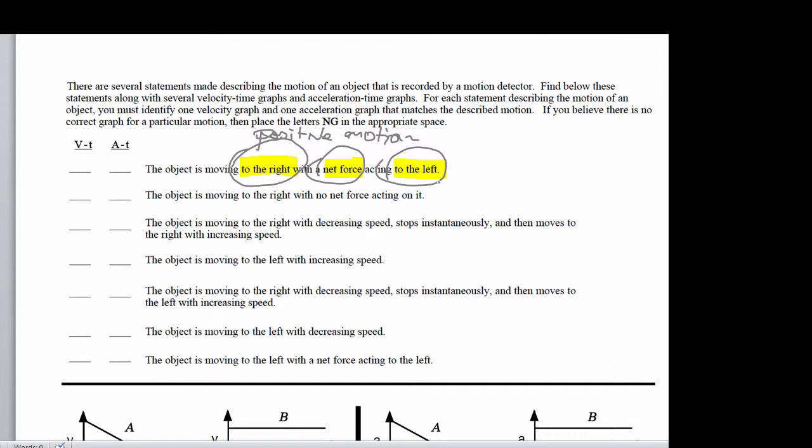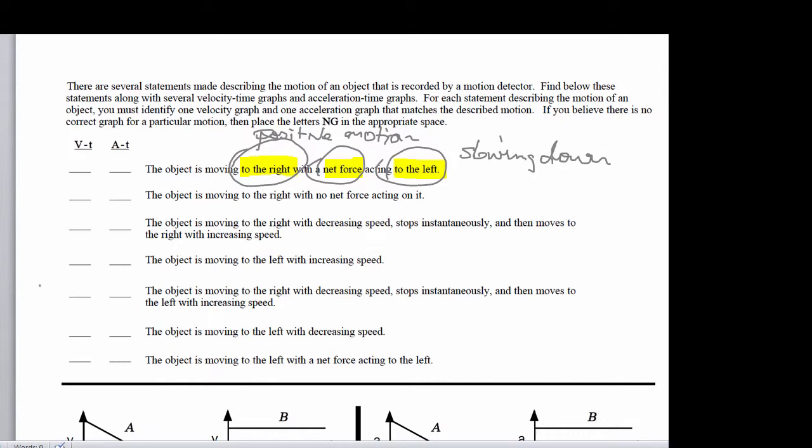So if it's already moving with a positive motion to the right and you apply a force towards the left, what's going to happen to that thing? It's going to start slowing down. Right.